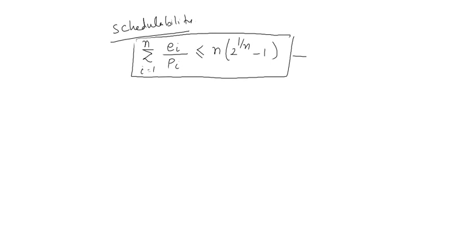Please note that this condition is a sufficient condition. It is not a necessary condition. Sufficient condition means that if this condition is satisfied, then certainly you can say the tasks are schedulable.